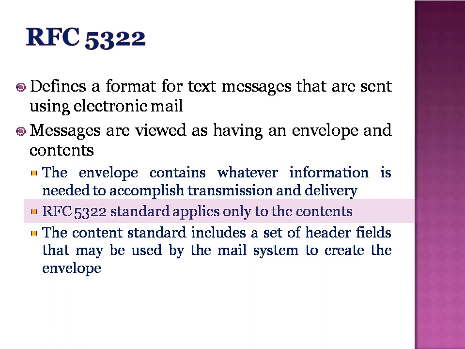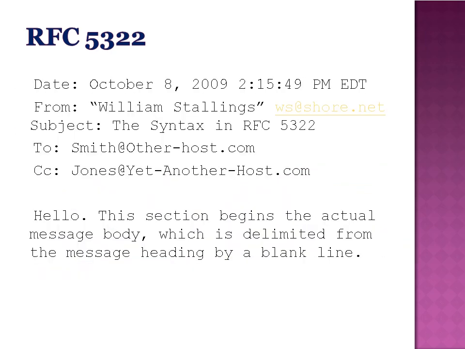So this is one point that you need to keep in mind, that RFC 5322 applies to the contents only. And finally, the content standard includes a set of header fields that may be used by the mail system to create the envelope.